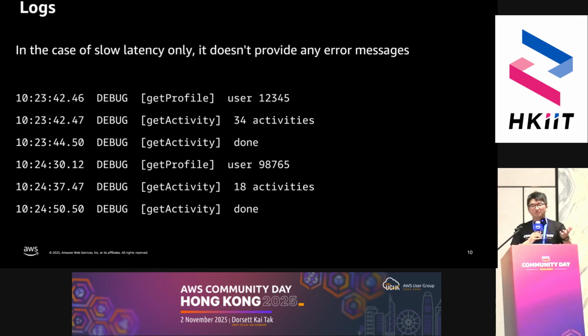Then what do logs provide? What logs provide is that a specific function is doing a specific thing at a specific time, right? As long as the function is handling the request properly, it doesn't provide any error messages.